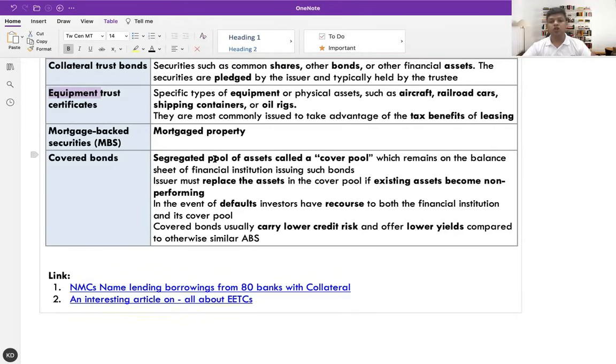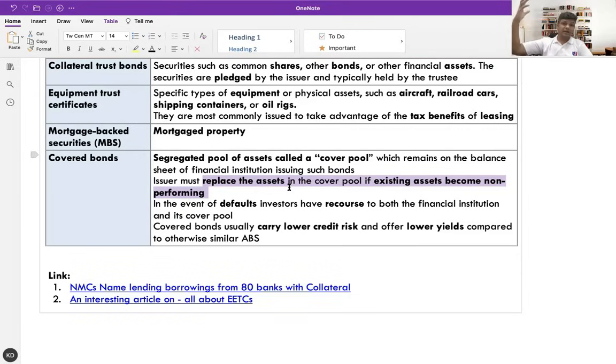I'll explain. A segregated pool of assets called a cover pool remains on the balance sheet of the financial institution issuing such a bond. The issuer must replace the assets in the cover pool if existing bonds become non-performing. So let's say I have a portfolio of 100 bonds, and if 5 bonds default, I, as an issuer, will give an assurance that I will recover the money.